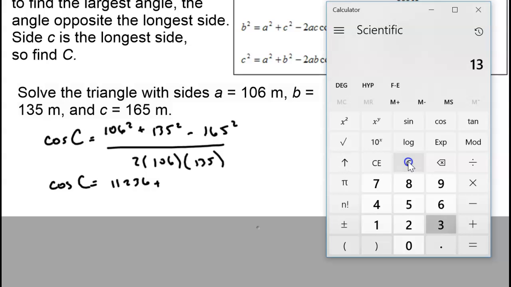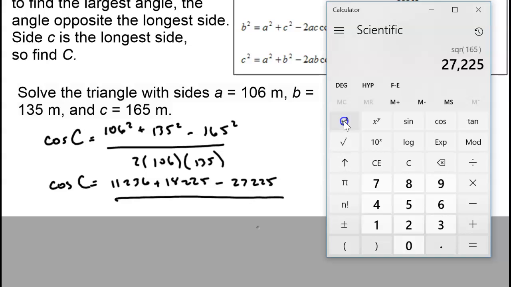Make sure that you're not having a calculator error and that it makes common sense for what you're putting in. 135 squared is 18,225, minus 165 squared is 27,225, over 2 times 106 times 135, which is 28,620.